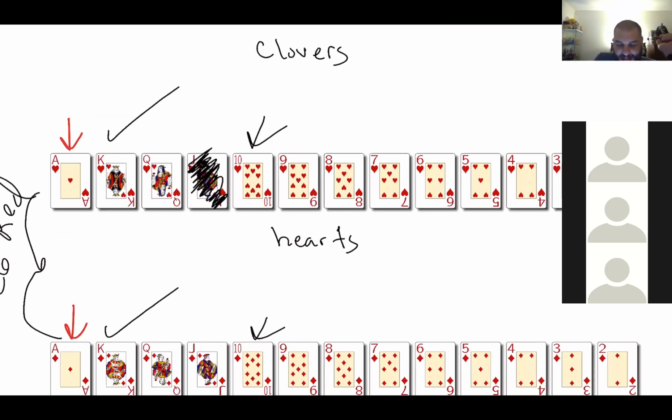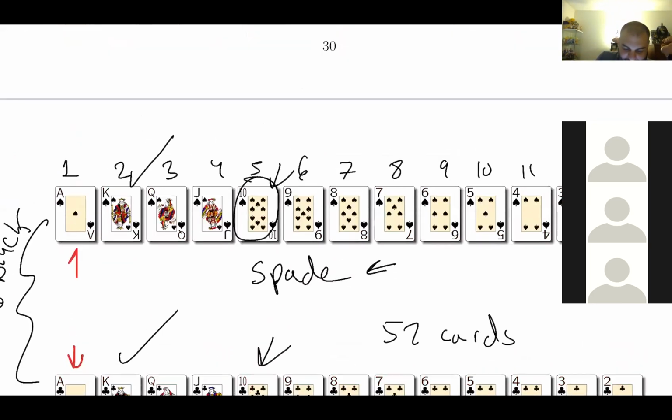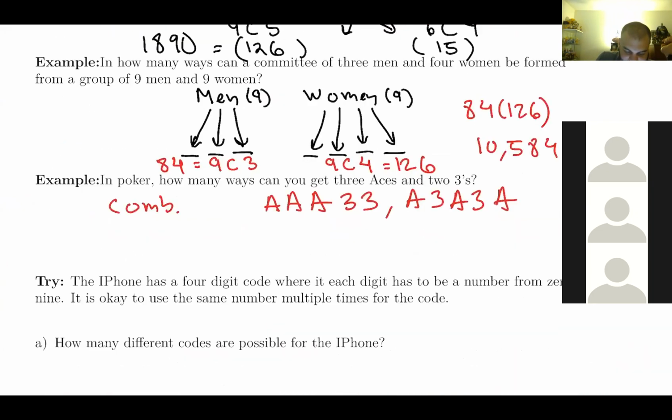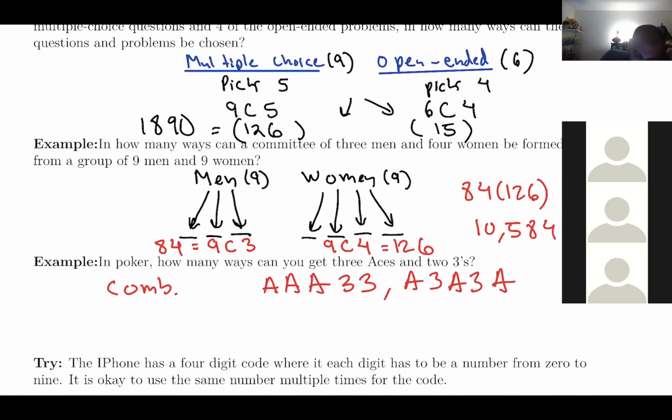So I have 4 aces to choose from, but how many aces do I actually want to pick? Because I don't want all 4 aces. How many aces do I want? 3. Good. So we'll put right here, ace.